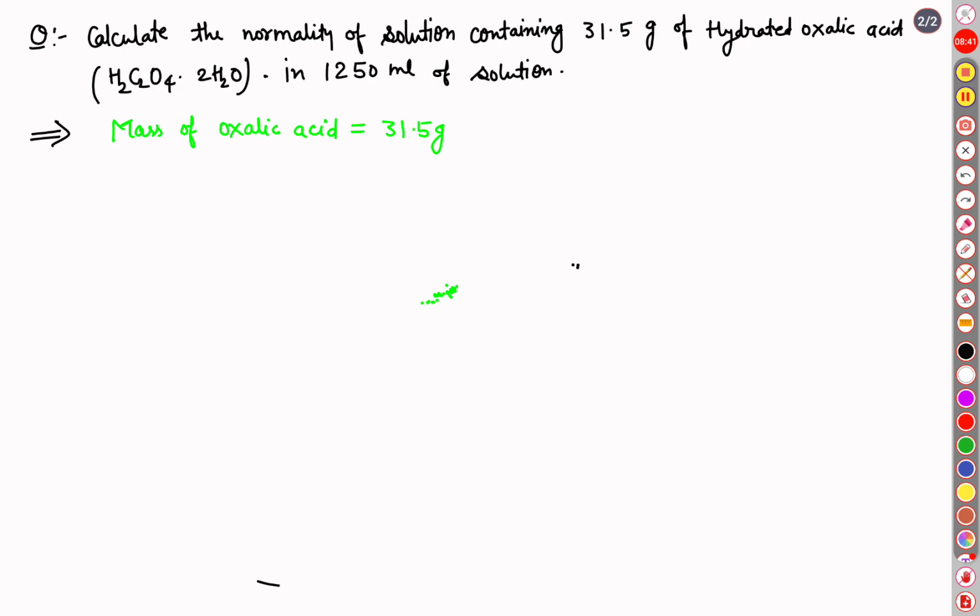Equivalent of oxalic acid is equal to the given mass 31.5 by equivalent mass. Okay, then equivalent mass is 63.